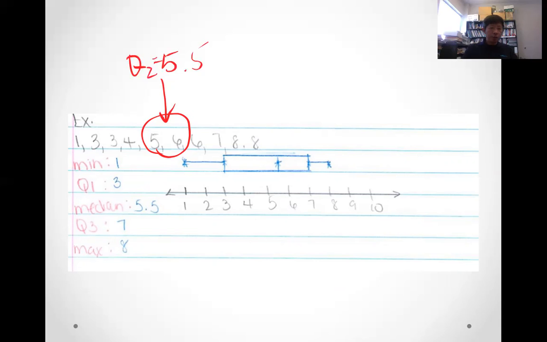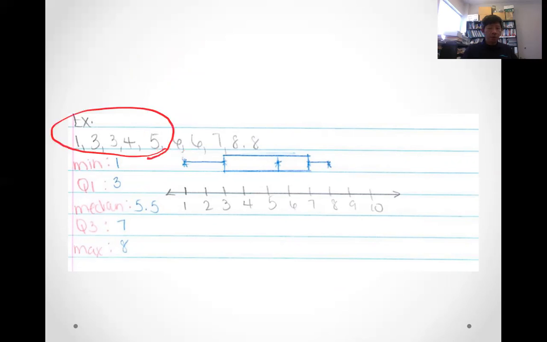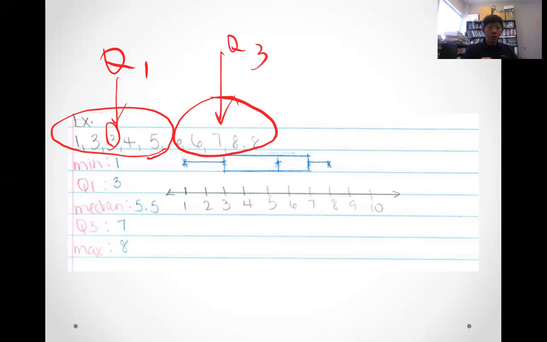And then we have the least number, and we have the greatest number like this, right? And next we're gonna find Q1. So we take this group of numbers and we find the middle number, which is 3, right? And we take another group of numbers, and then we find another middle number, which is Q3, right?